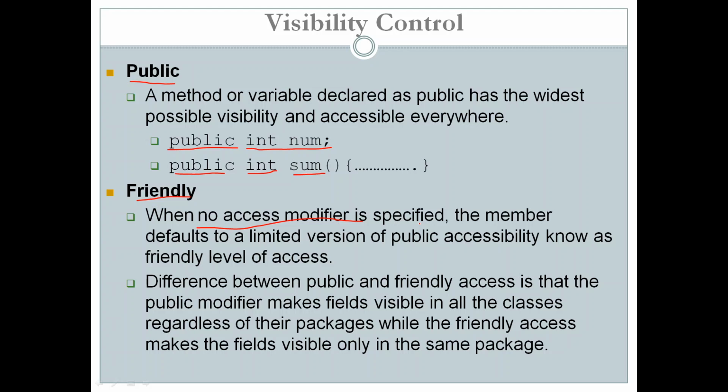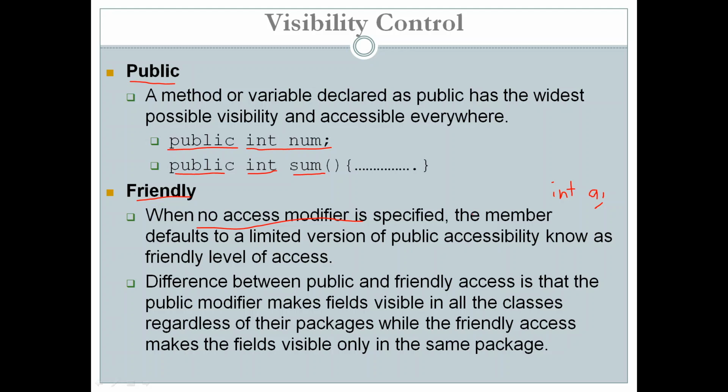Up till now, in most of our programs, we haven't declared any access modifier, and in that case it is friendly. For example, if I declare a variable, say int a, like this, no access modifier is declared here. So if you do not declare any access modifier, by default it is friendly.